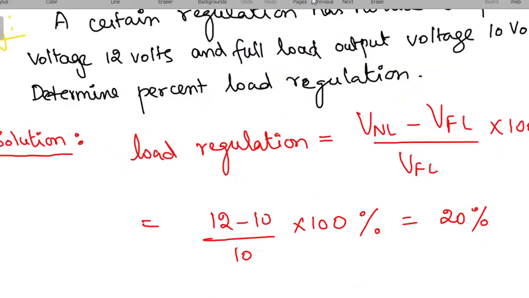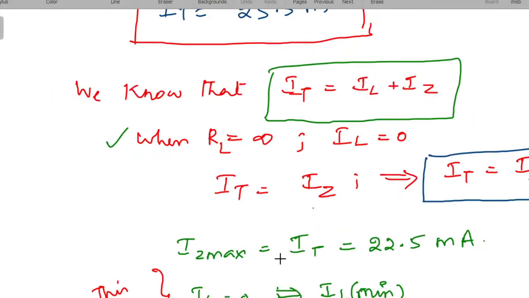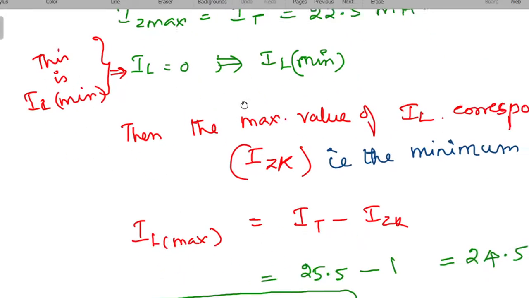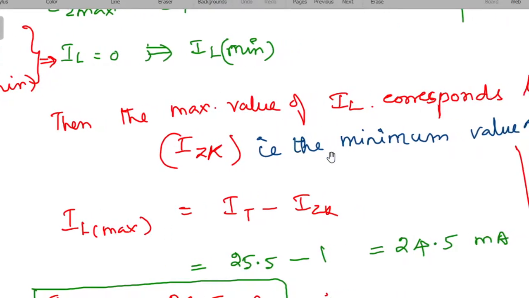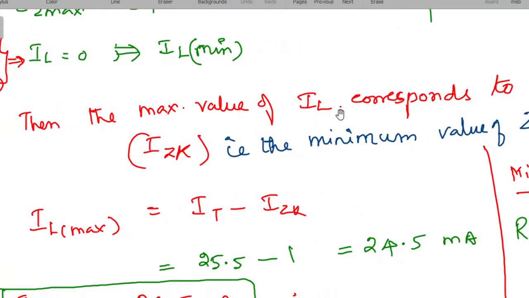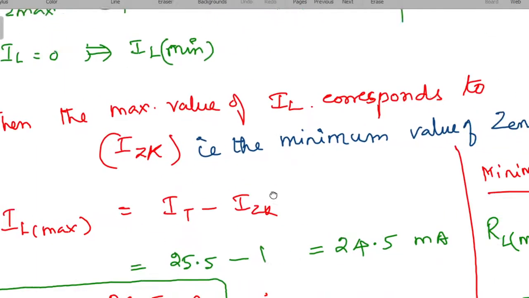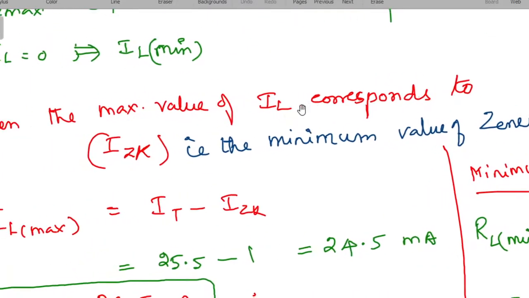Then, this is the IL minimum, right? IL is 0, that is the IL minimum, we know. Then we have to find out the maximum value of IL, because we have to find out the no load condition and full load condition. So the maximum value of IL corresponds to the minimum value of IZ. IZK will be this minimum value that corresponds to the maximum value of IL.